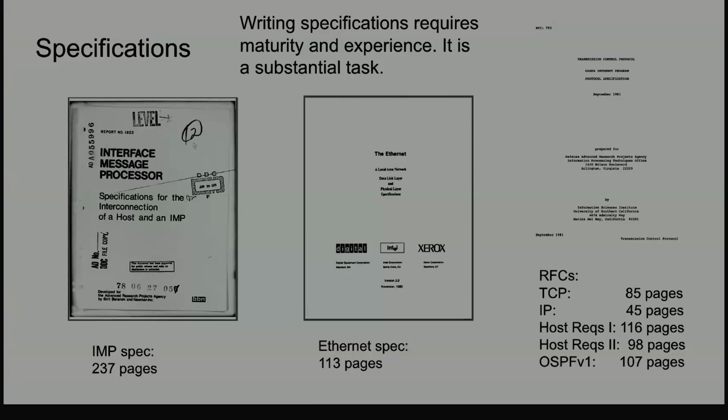Two documents on the host requirements, the things a node needs to do in order to connect to the network. It has to have this set of capabilities in order to connect to a network. Somebody had to write this stuff down, right? And then OSPF v1 was 107 pages, and you also saw OSPF v2 a little while ago, and that was 237 pages or something, right?